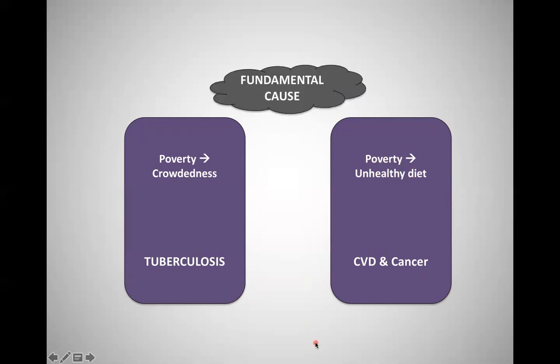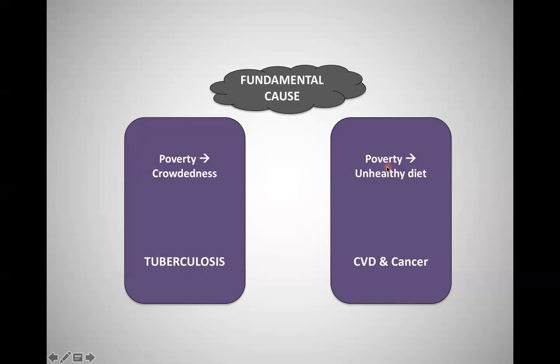Okay, so if we want to think about the fundamental cause, poverty here is a fundamental cause. 100 years ago, this fundamental cause manifested through living in crowded conditions. And living in crowded conditions was the risk factor for tuberculosis, an infectious disease health outcome.